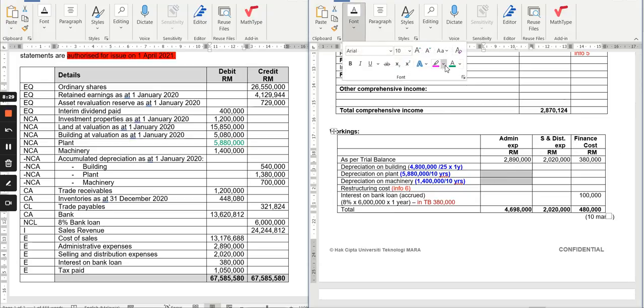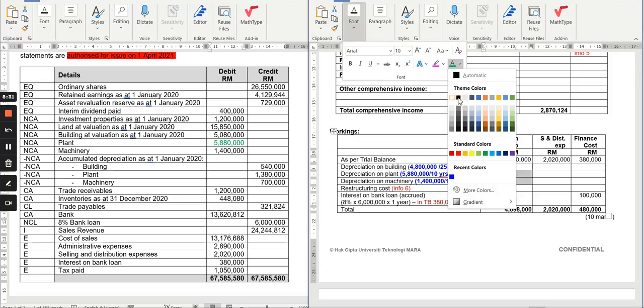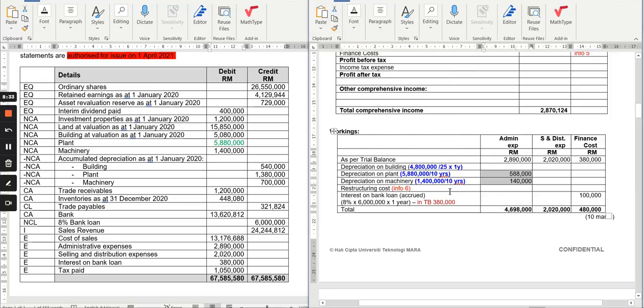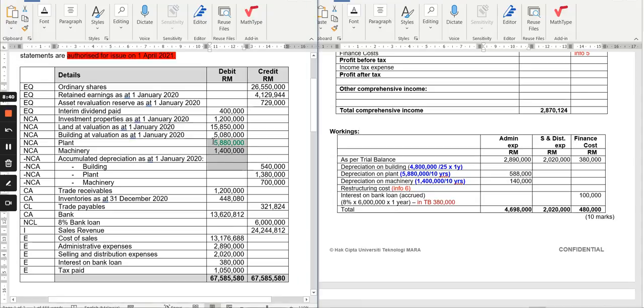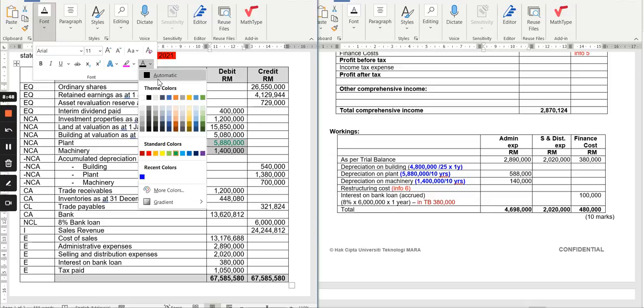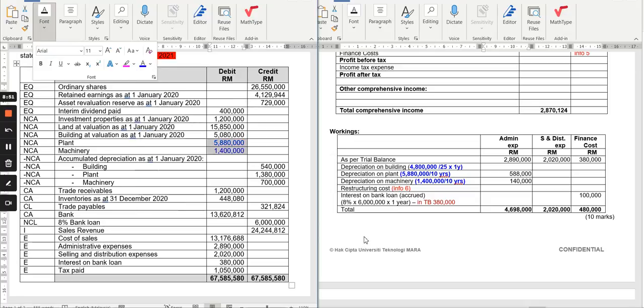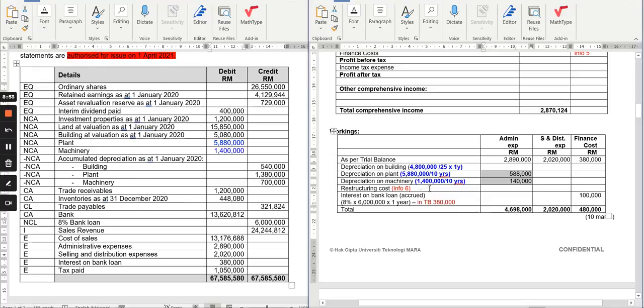It should be 140 for the machinery, because it is 1.4 million divided by 10 years. And the second one, plant, would be 5.88 divided by 10 years, and that was for just 1 year.